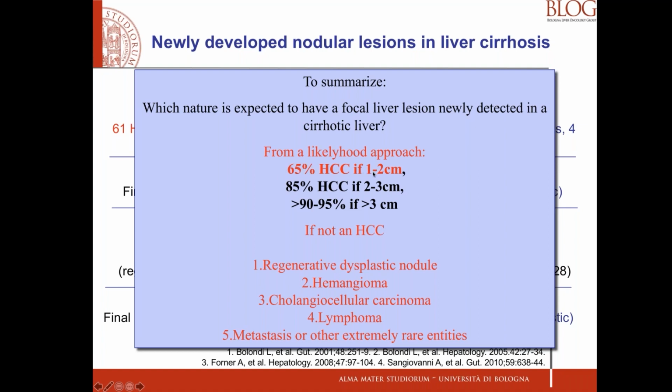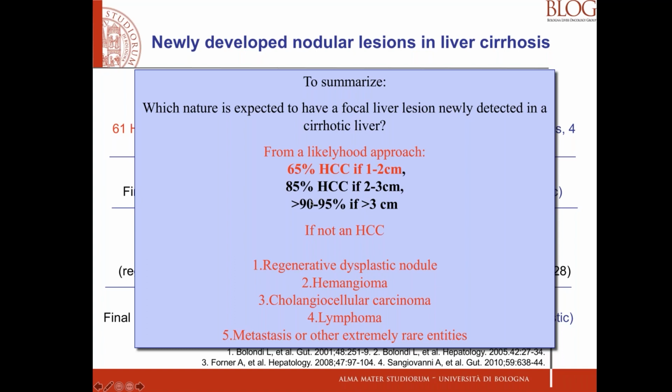If we look at slightly bigger lesions, 2 to 3 centimeters, 85% are hepatocellular carcinoma. If the lesion has arisen in a background of cirrhosis and it is more than 3 centimeters, then the risk of hepatocellular carcinoma is more than 90%.